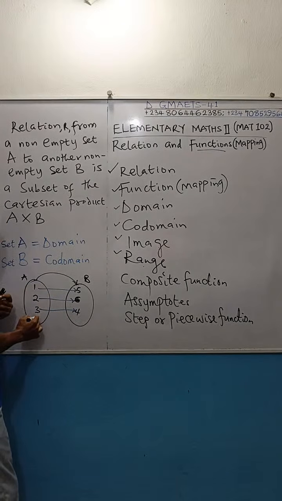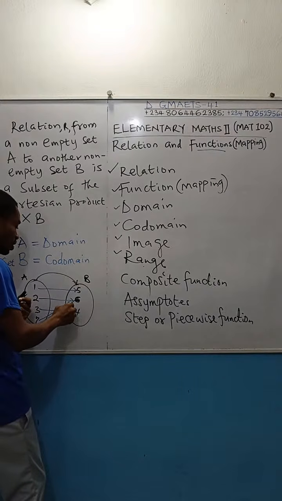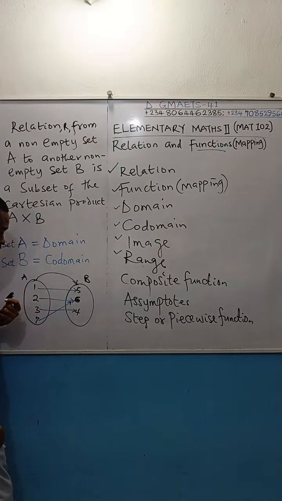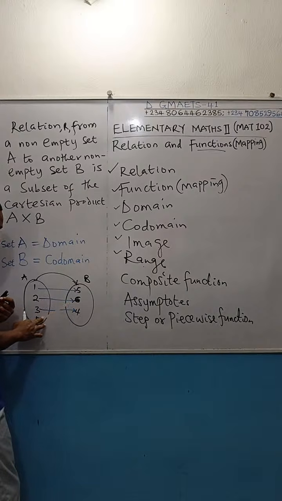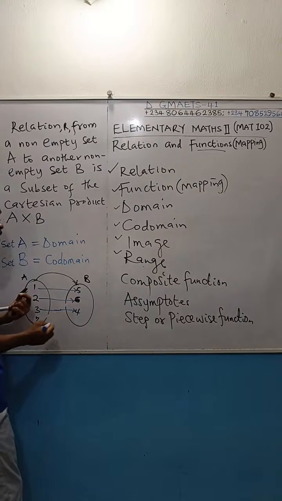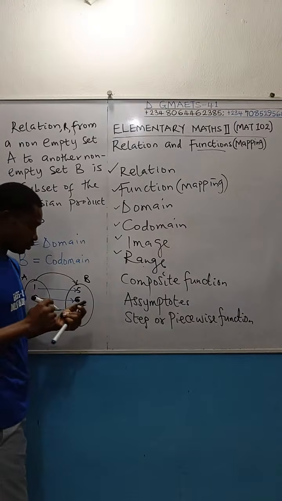Okay, let me have this number here, 7. Let me even refuse to link it. I decide not to link. It's my choice, because here I'm defining a relation, not a function yet.